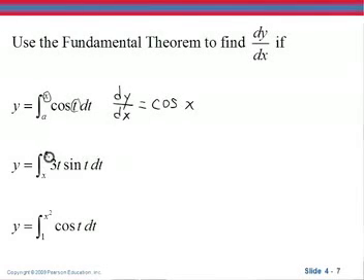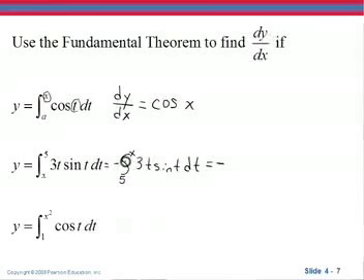Now, the x does have to be the upper limit of integration. So this, remember, is the opposite of the integral from 5 to x of 3t sine t dt. Once I do that, I can just apply my rule.